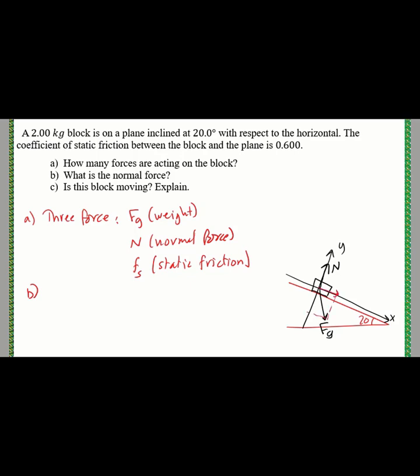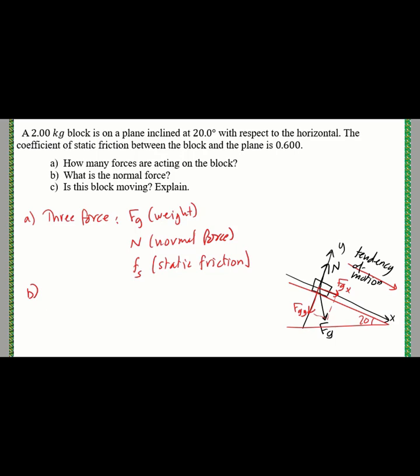This is Fgx and this one is Fgy. Because gravity tries to pull the object down, here is the tendency of motion.